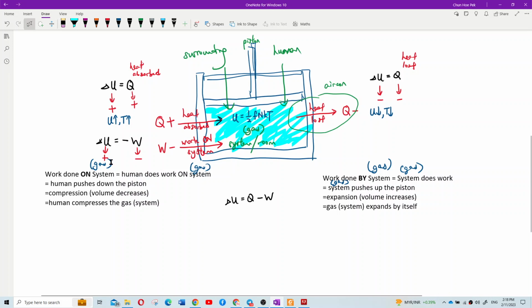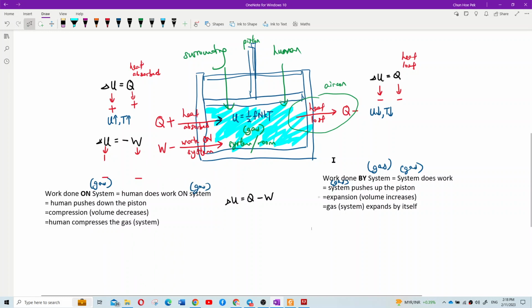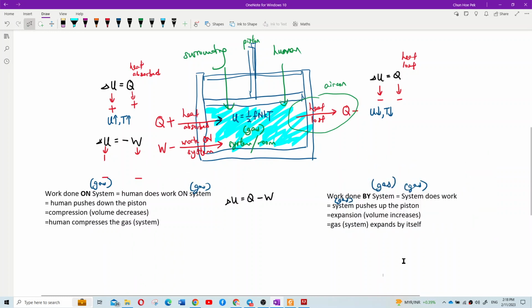What is meant by positive, class? So that means this one is positive, this one negative, positive. What is meant by delta U positive? The temperature will increase.